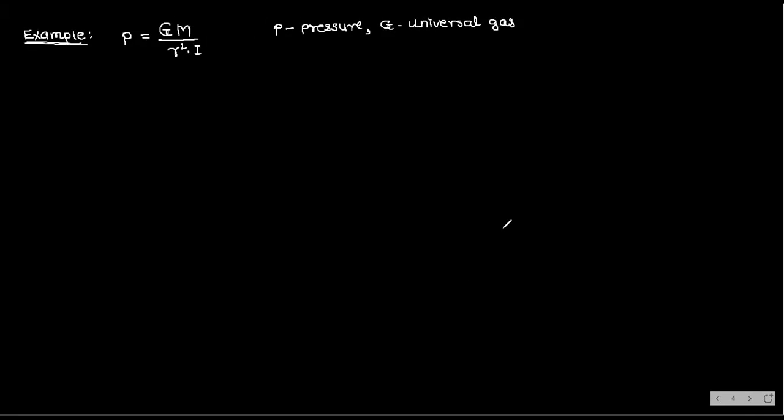No, let's take this as the law of gravitation constant, not universal gas constant. I will take this as a gravitational constant only. Universal gas constant is R. This is gravitational constant. I am taking this as a gravitational constant.